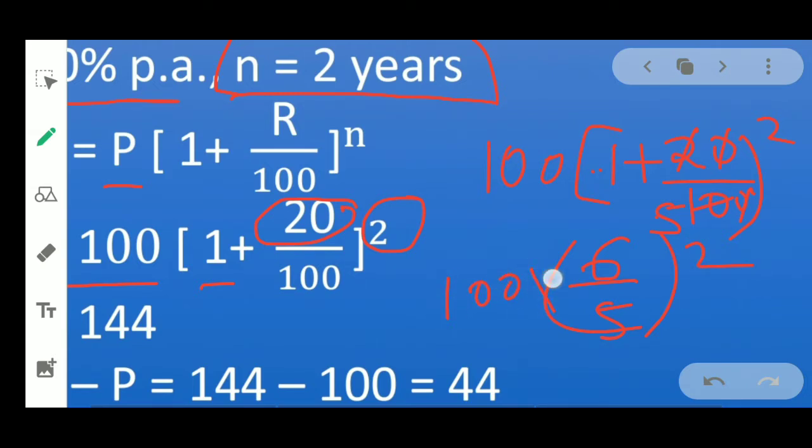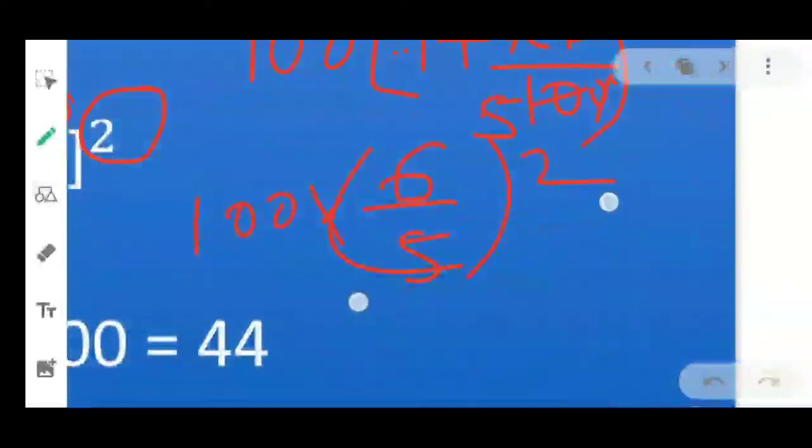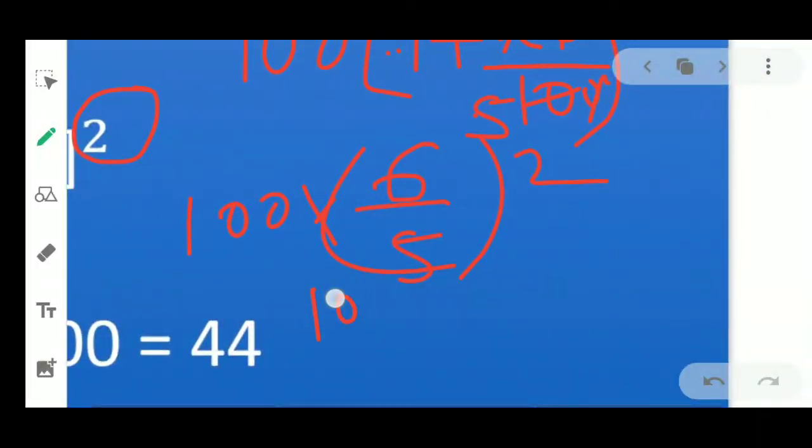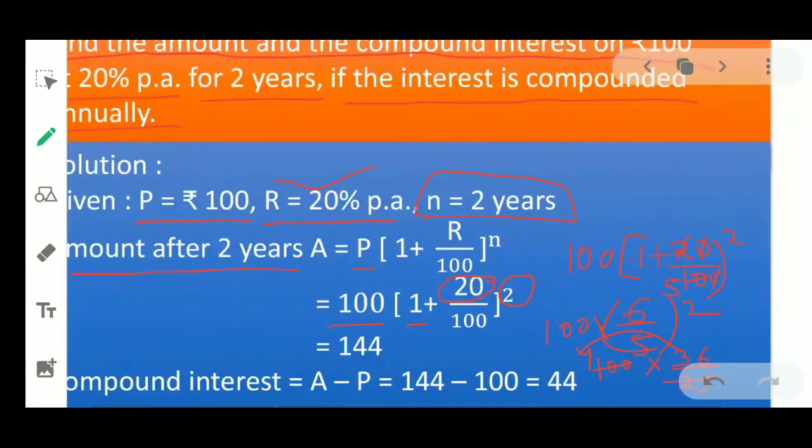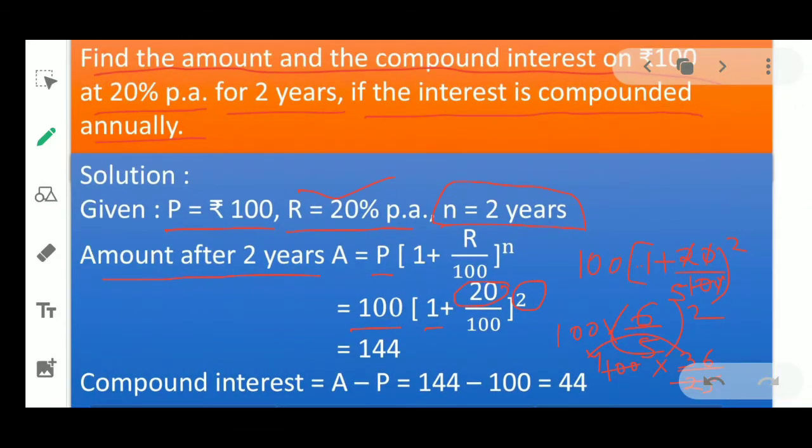100 into (6/5) to the power 2. Now this will be 100 into 6 into 6, 36, by 25. 100 divided by 25 will be 4. If you multiply 4 into 36, that will be 144.